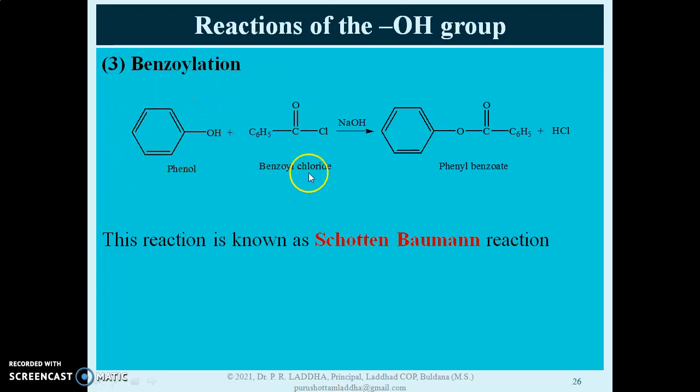So when phenol is treated with benzoyl chloride, which contains that benzoyl group, in presence of sodium hydroxide, here also this O minus, the phenoxide ion, will attack the carbonyl carbon, and we will get C6H5OCOC6H5, that is phenyl benzoate, along with the byproduct HCl. This reaction is known as the Schotten-Baumann reaction.